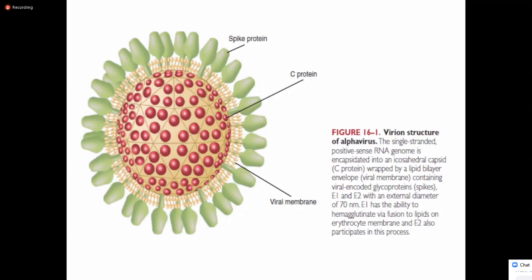In particular, E1 has the capability of hemagglutination and fusion with the cell membrane of erythrocytes. E2 also participates in the binding, but mainly E1 is the main spike which fuses and binds with the RBC and causes hemagglutination.